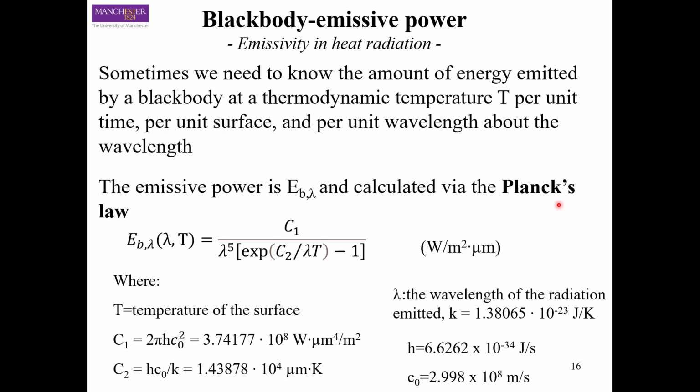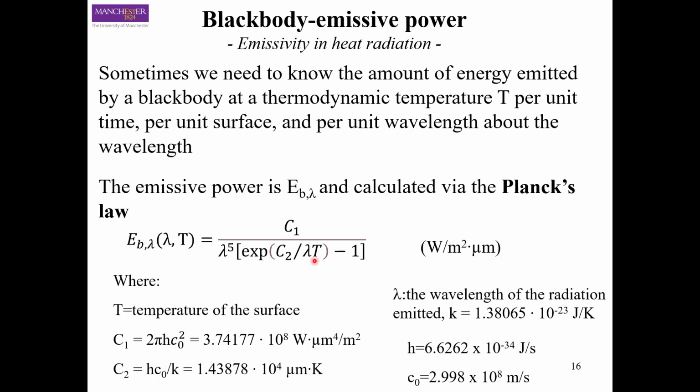In that case, we use Planck's law, which is given here. Here lambda represents that this energy is coming at a certain wavelength, from an object at a certain temperature, and Eb lambda is equal to this equation. C1 and C2 are constant values, so they don't change, and we can always use the same values. Lambda is the wavelength of the light, and T is the absolute temperature of the object.